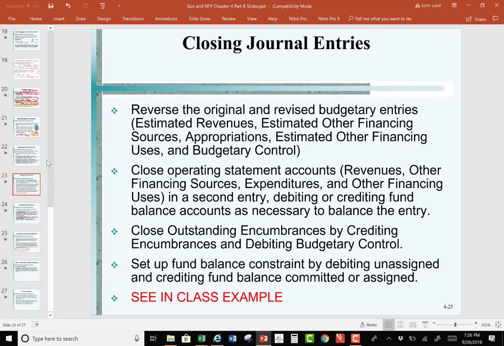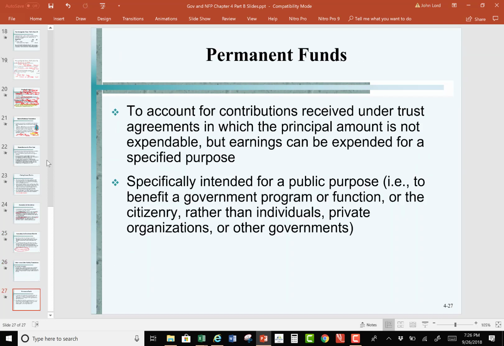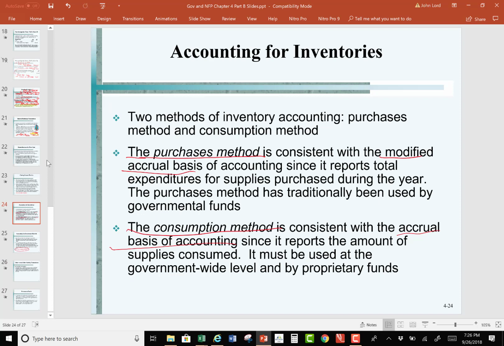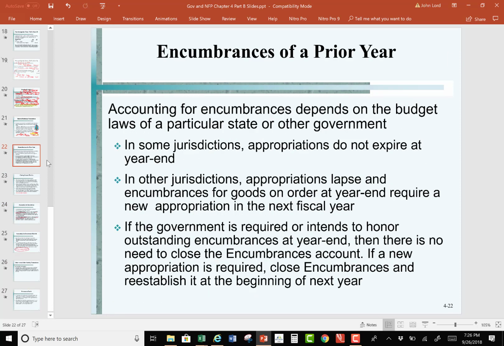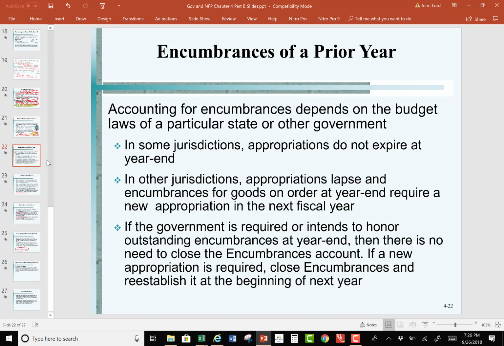That closing entry stuff is going to include accounting for encumbrances that are still outstanding at year end, and how we will deal with those encumbrances that were outstanding at the end of the prior year and then become outstanding at the beginning of the second year.